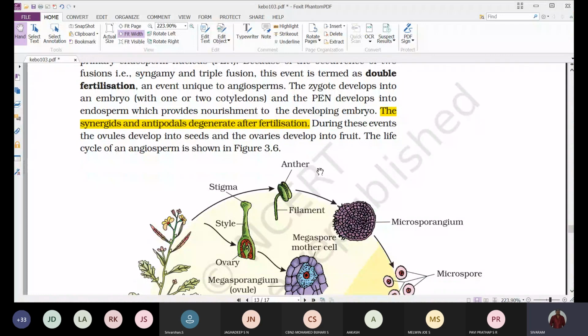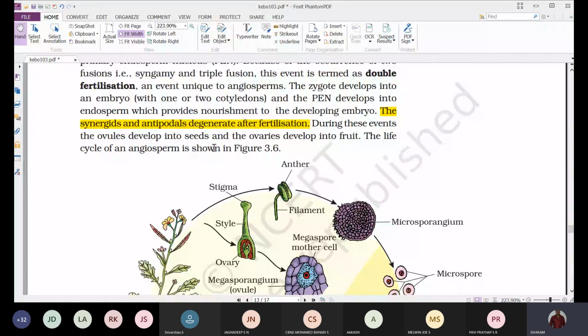Okay. And next, what are the other events that will occur inside the flower after fertilization? During the development of the primary endosperm nucleus into endosperm, and the zygote into embryo, these are all happening inside the ovule.